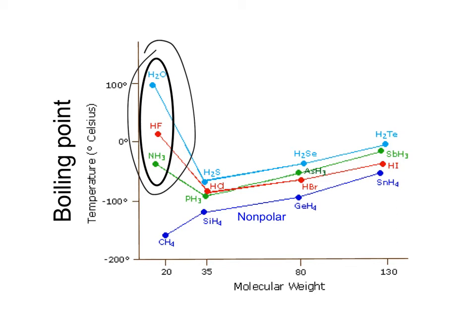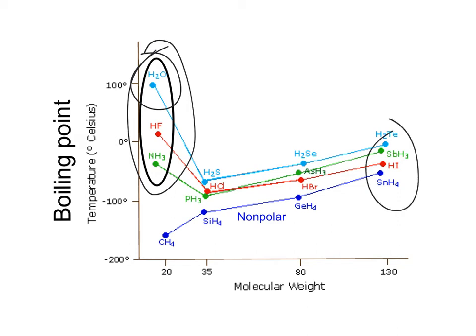Their IMFs are so much stronger, they tell us that we have a much, much bigger boiling point for their size. Remember, H2O only weighs about 18 versus H2Te, antimony trihydride, and hydroiodic acid all having weights of like 130 over here.